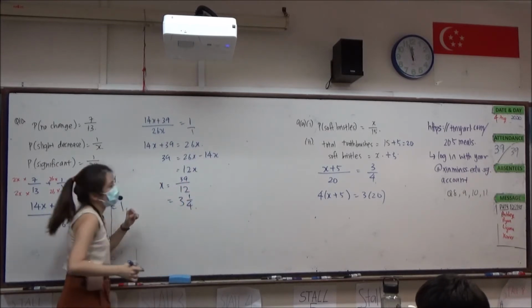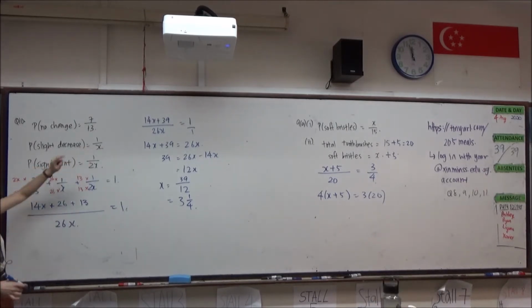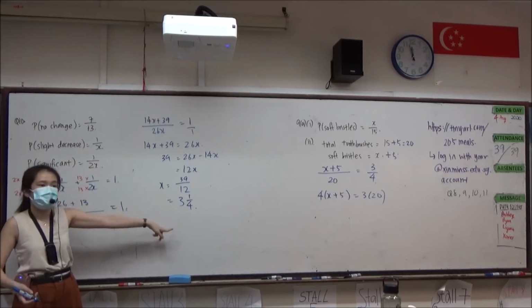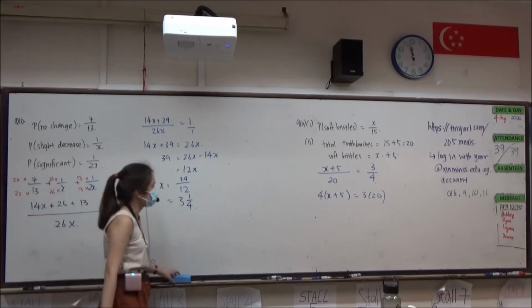Because x is just a number, it is possible. So the probability of a slight decrease will be 1 divided by 3 and 1 quarter, which becomes the fraction 4 over 13.